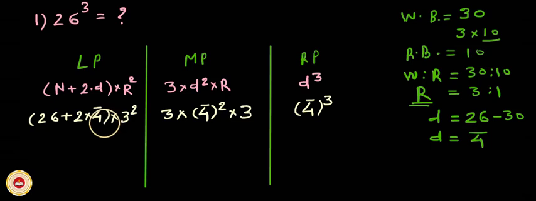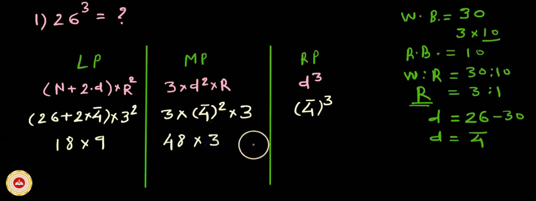Now friends, let us calculate it further. 26 plus 2 times negative 4, that means 2 times negative 4 is negative 8. 26 minus 8 is 18, multiplied by 3 squared, which is 9. 3 multiplied by negative 4 squared, that is 3 multiplied by 16. 16 threes are 48, multiplied by 3. Negative 4 squared is positive 16.